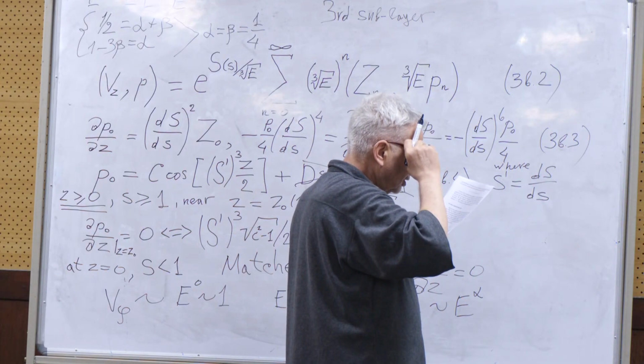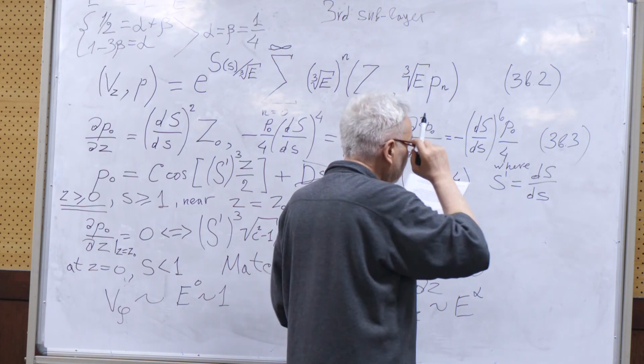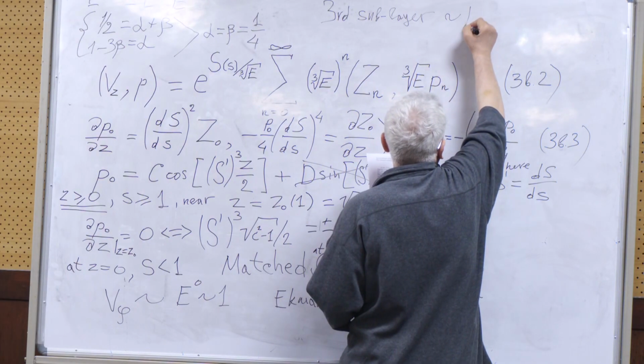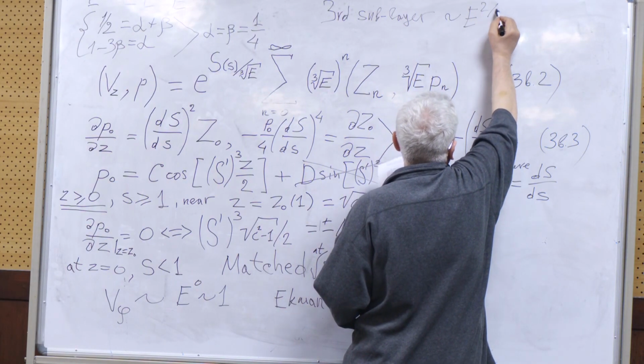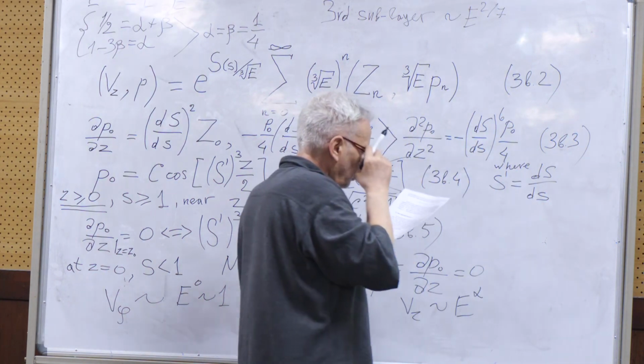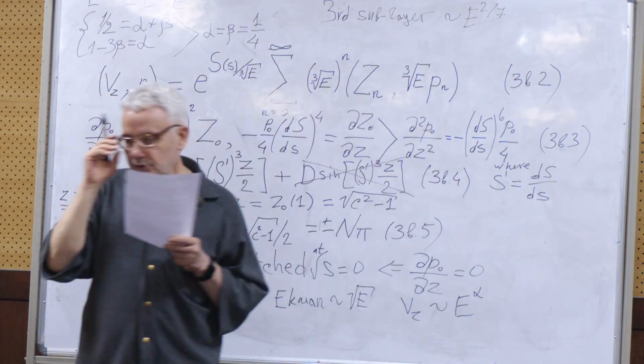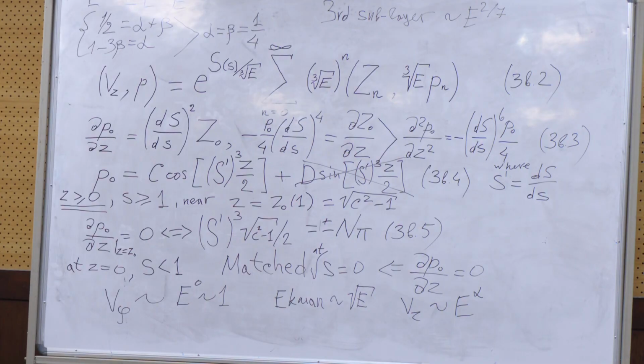The thickness of this innermost sublayer is E to the 2/7, from a similar configuration. Okay, I'll finish this chapter.